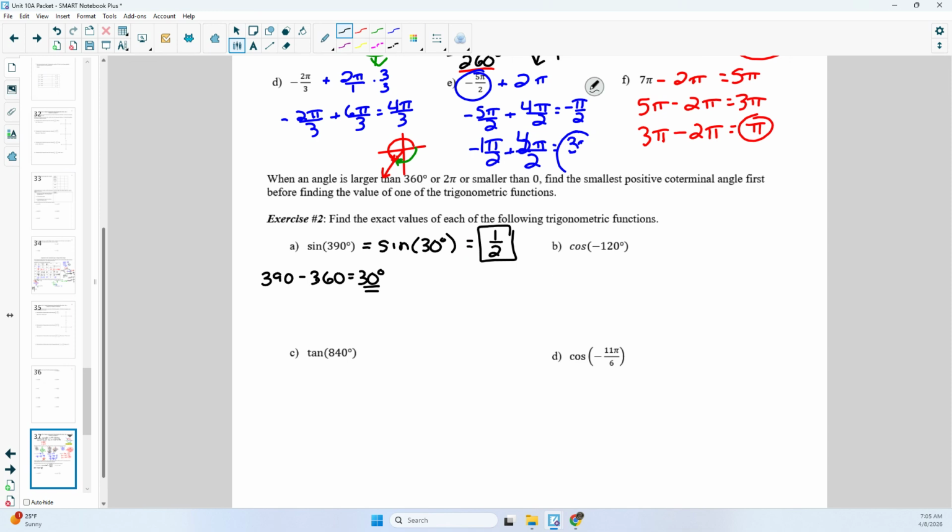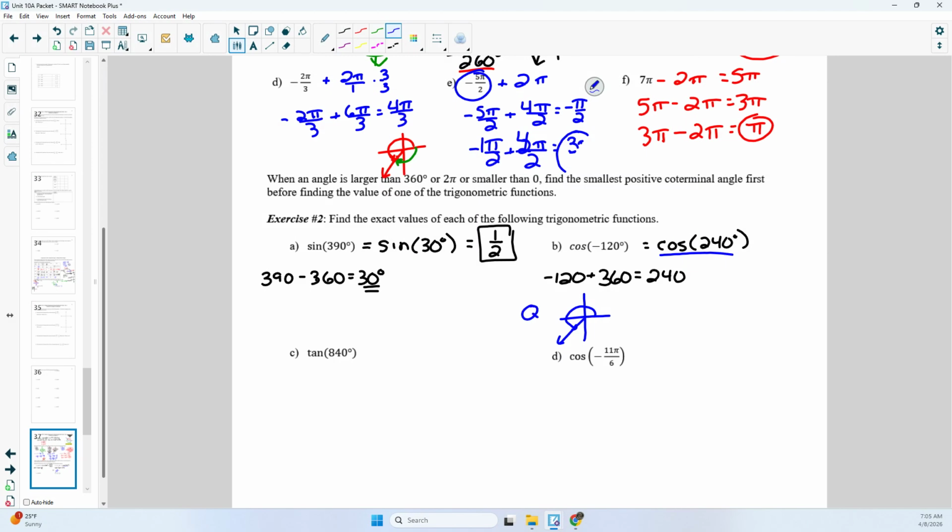So my next one, I'm first going to find the coterminal angle. So this is equal to the cosine of 240. Now 240 is not in quadrant 1. 240 is in quadrant 3. And now I'm going to work with a reference angle.